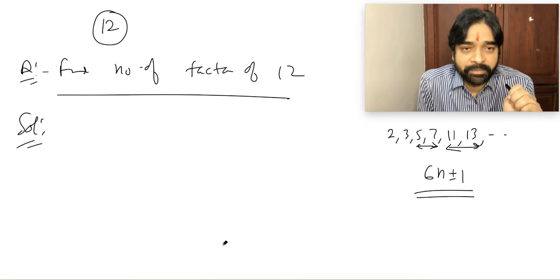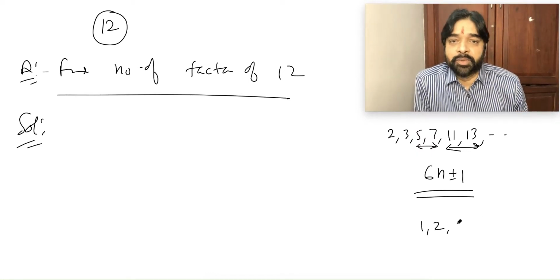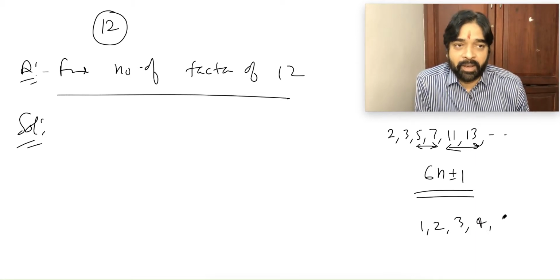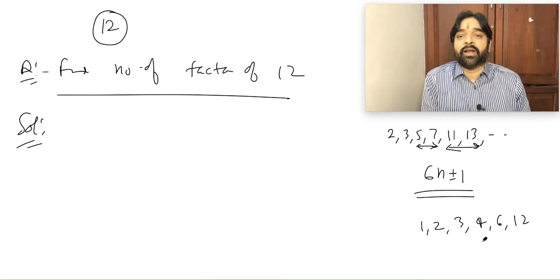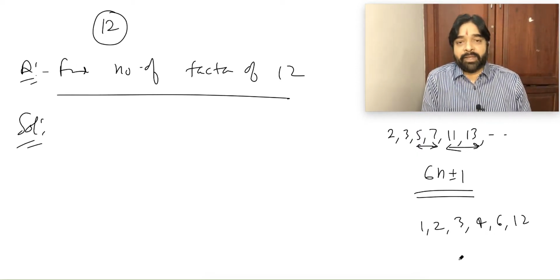Manually you can count here, very simple. 1, 2, 3, 4, 5 no, 6, 7 no, 8 no, 9 no, 10 no, 11 no, 12. Any factor I am missing? No. So total 6 factors are there. That is fine, we can calculate manually.